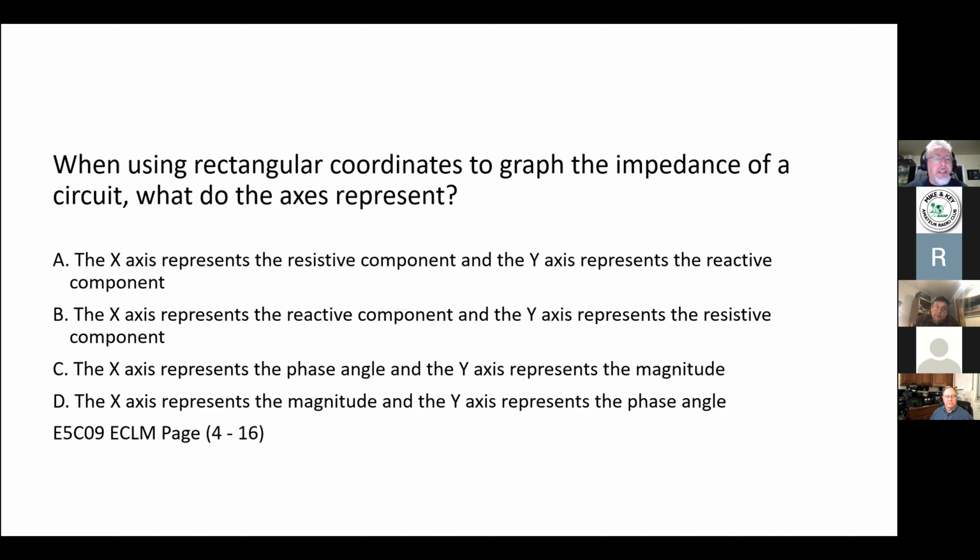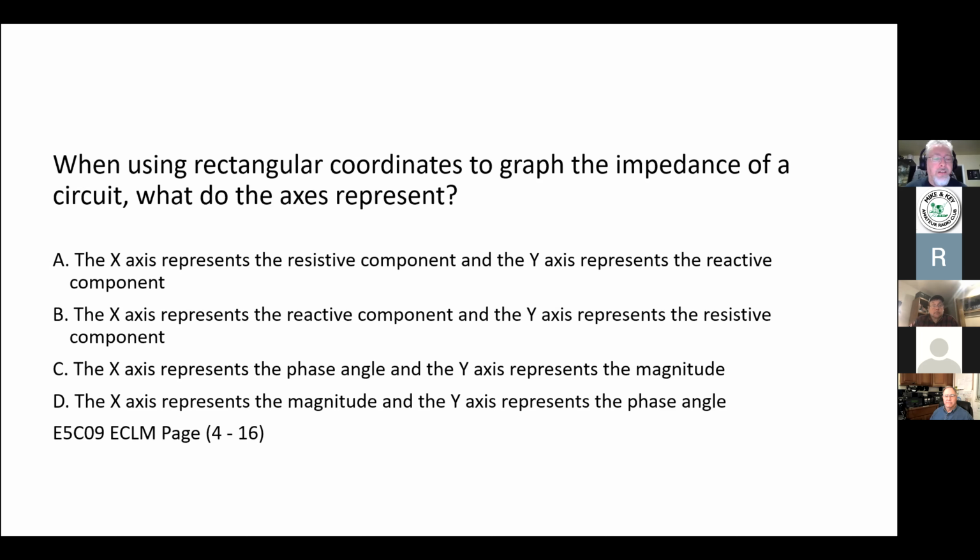B. The x-axis represents the reactive component and the y-axis represents the resistive component. C. The x-axis represents the phase angle and the y-axis represents the magnitude. Or D. The x-axis represents the magnitude and the y-axis represents the phase angle.